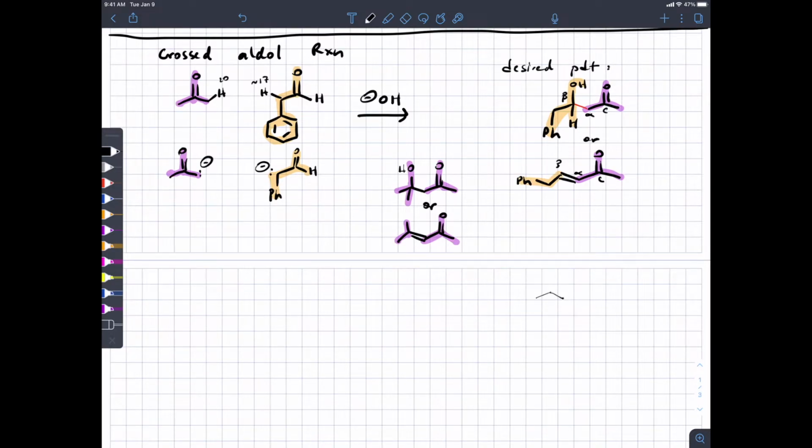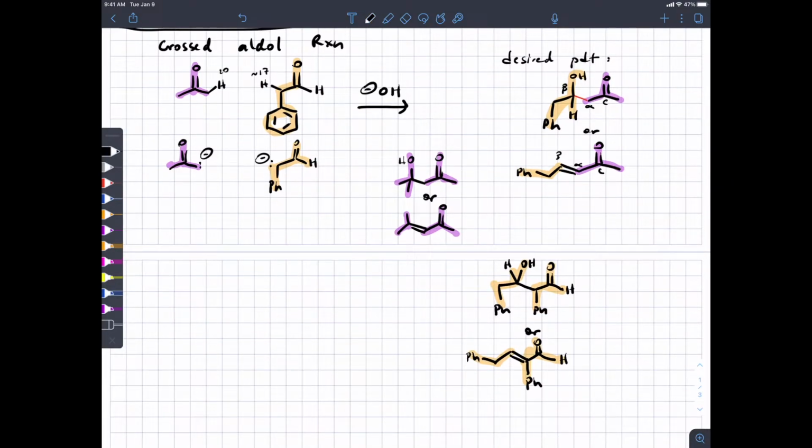So you've got a huge mess here. Here is the self-aldol product for the aldehyde, the beta hydroxycarbonyl compound. Alternatively, you could make this alpha beta unsaturated carbonyl compound, which is what you would get from the aldol reaction of the aldehyde with itself.